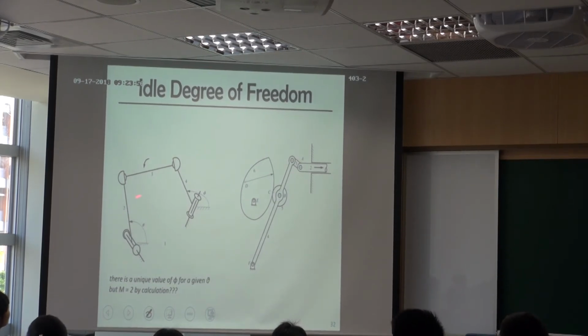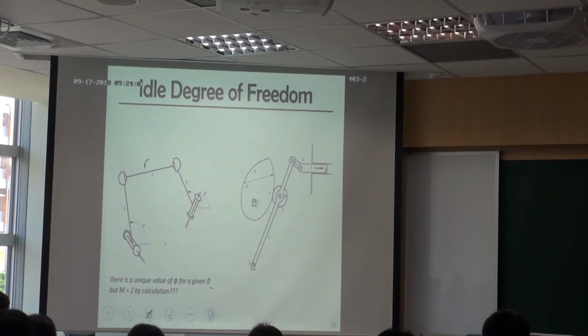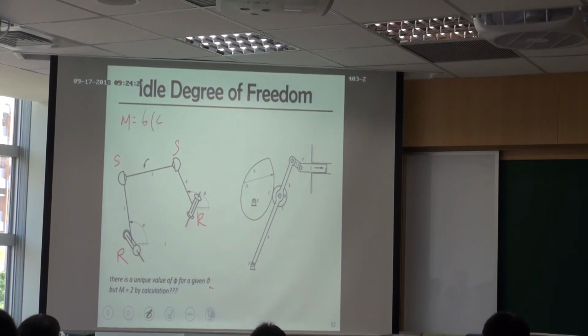The left-hand side shows an example of a spatial mechanism. There's one R joint here, and there are 2 spherical joints. It's very similar to the previous 3D mechanism we showed in the previous slides. So we use the mobility equation to find the mobility of this spatial mechanism.